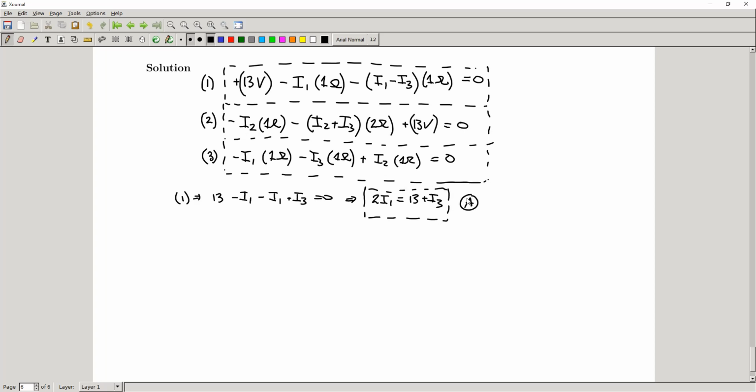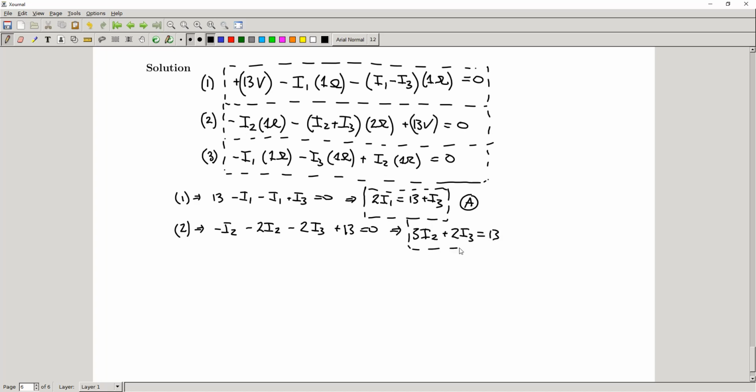If we look at equation 2, we can do a similar thing here, strip off the units, clean things up a little bit. We're going to end up with a minus I2 minus 2I2 minus 2I3 plus 13. Clean that up, 13 is going to be equal to 0, and again we can rearrange this a little bit to get it a little bit nicer. 3I2 plus 2I3 equals 13.